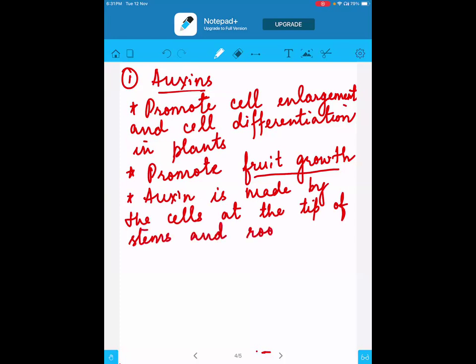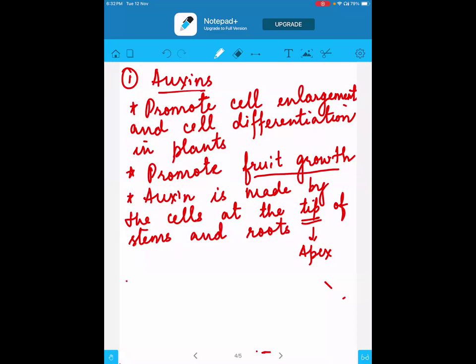So keep in mind they will be present at the tip. And sometimes they use the word apex also. So you should know both the meanings. Tip and apex both are same. So they are always present on the tip of the stem or maybe on the tip of the root. So root also has the tip, okay? Because of that, the size, the length of the plant can be increased.